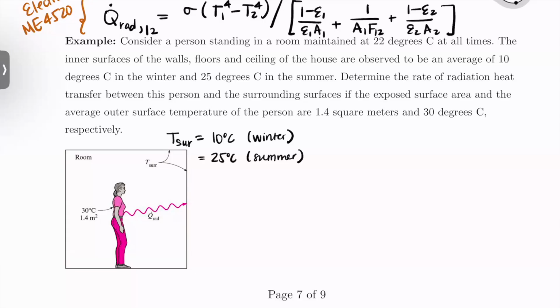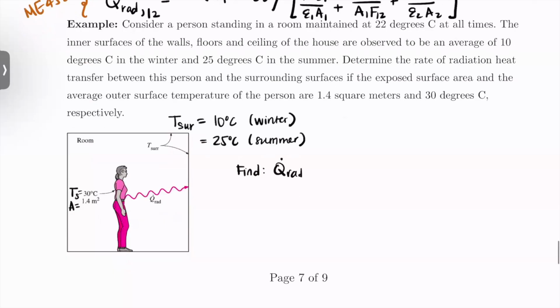We also have that the person has a temperature of 30 degrees C, so this is TS. Our person is our surface. And the area of this person is 1.4 meters squared. Okay, so we want to find Q dot radiation.